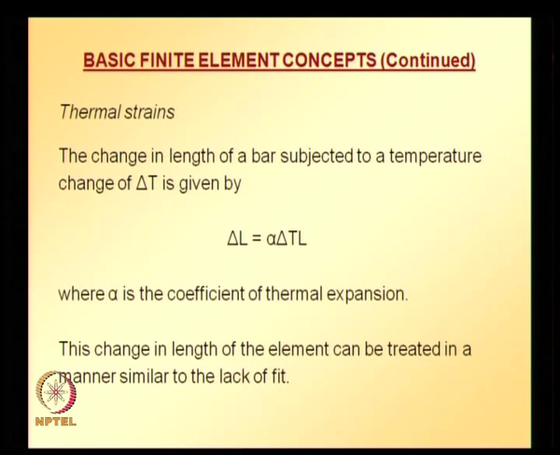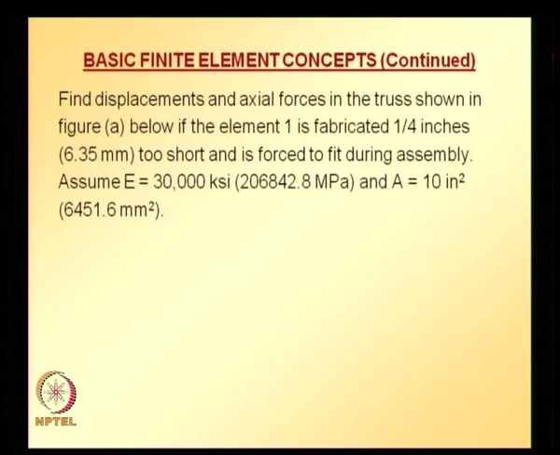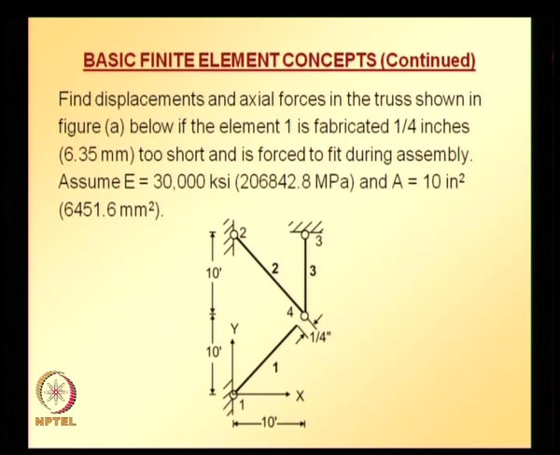A plane truss problem. Find displacement and axial forces in the truss shown in figure below if element 1 is fabricated too short by 4.5 inch, corresponding SI units in millimeters are also given.